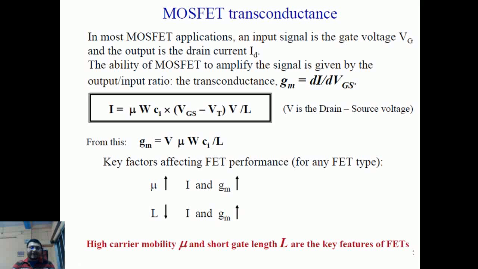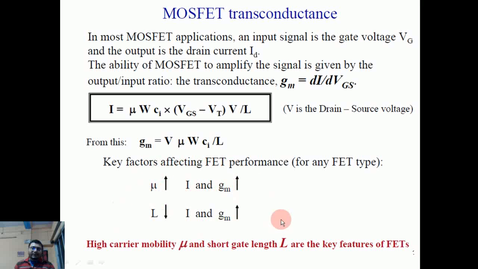So these are the factors to increase the Gm and also Id. If we increase the mobility, and the electron mobility is higher than the hole mobility, the performance of the transistor will also increase. From this equation we can conclude this.